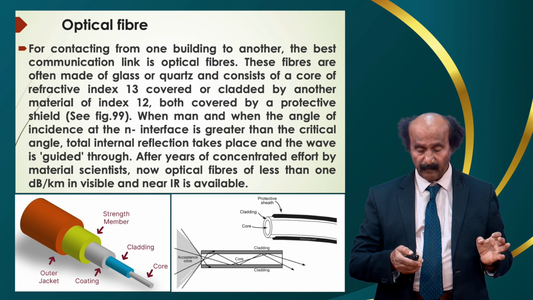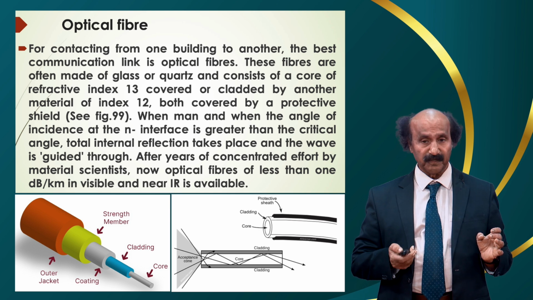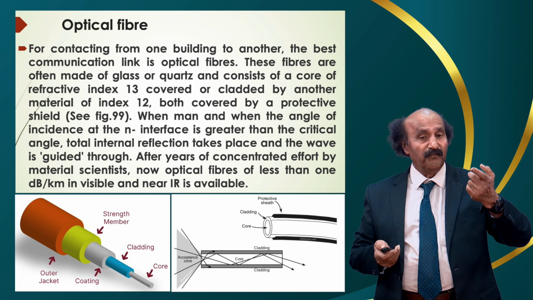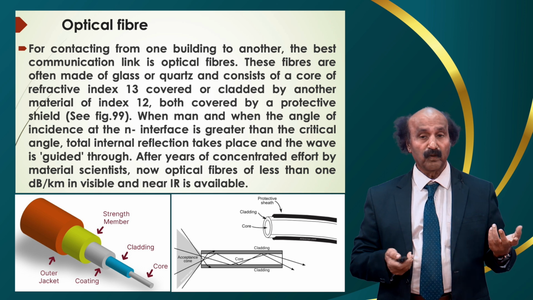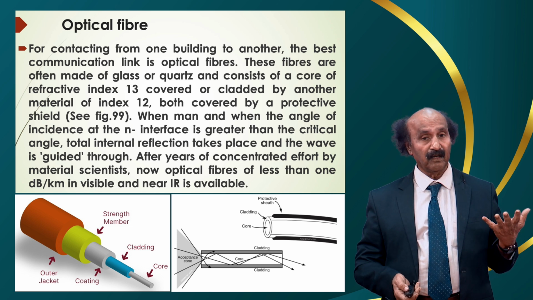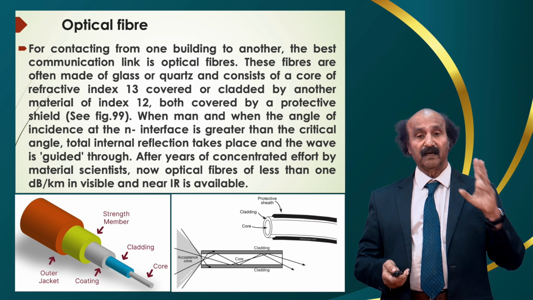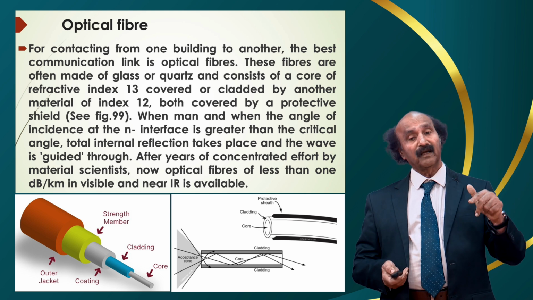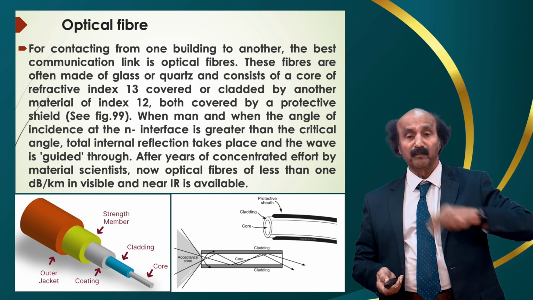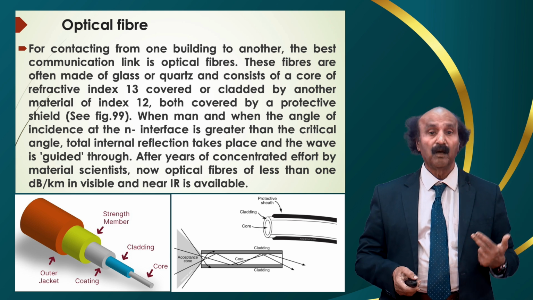In that way, it is made for each other. Now, you can use this optical fiber for carrying ordinary light, not necessarily a laser light, because it is important to know optical fiber has been used even before the laser came into the picture.